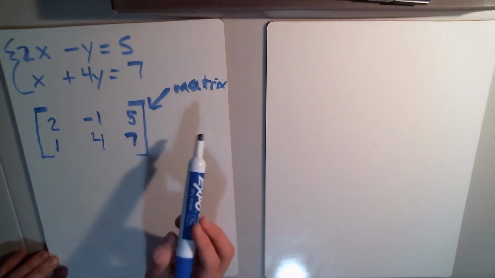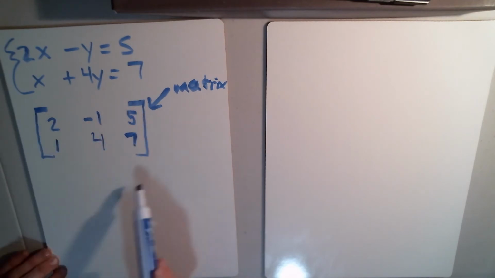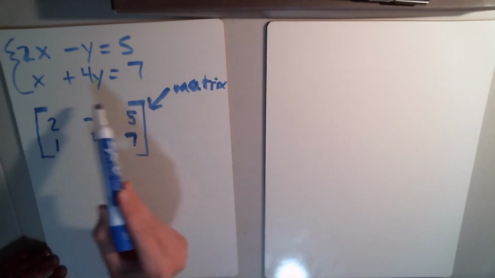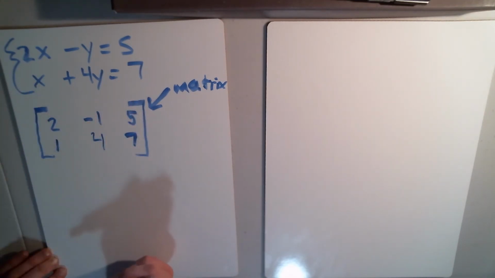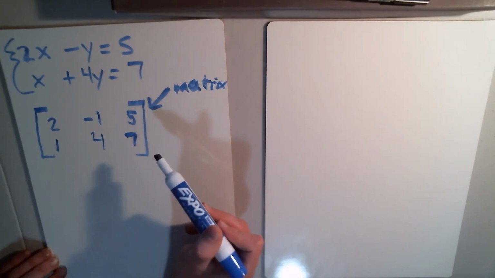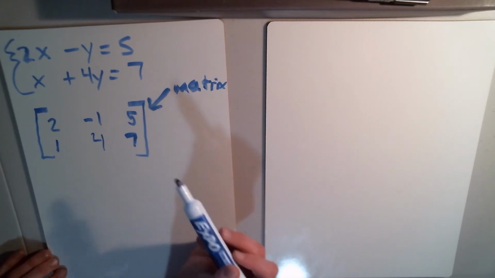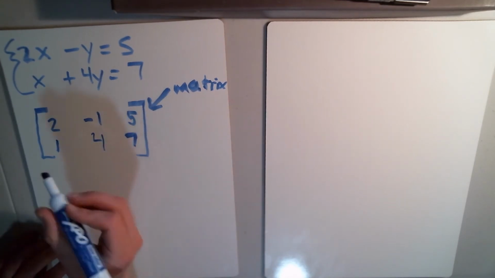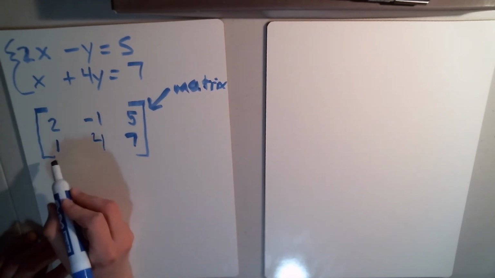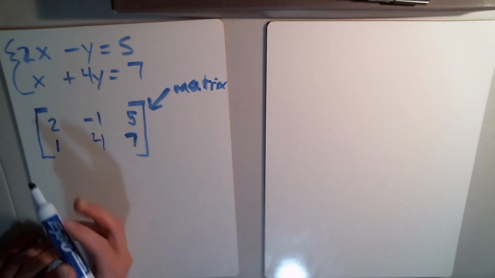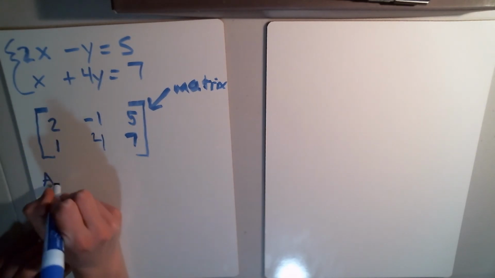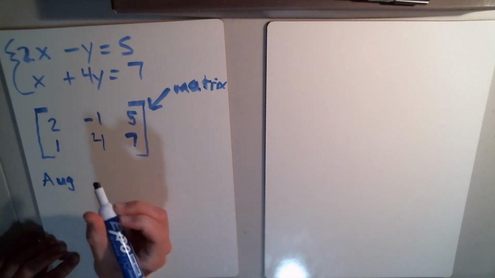But this is just a way of representing the system of equations without having to use any variables, okay? So this is a matrix, and specifically where it represents a system of equations, we call it an augmented matrix.